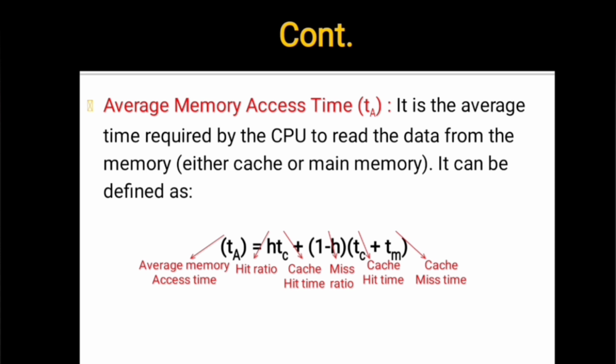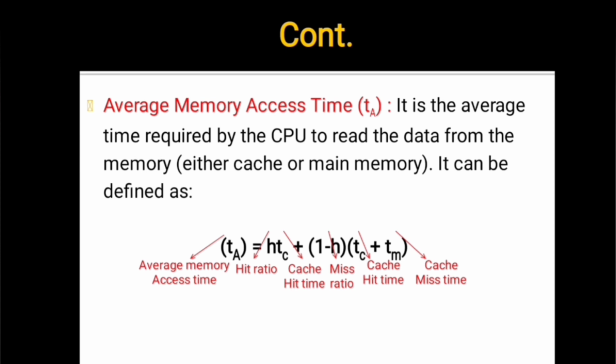Plus we have another component. Why have we added this second component? Just in case the data is not available in the cache memory, in that case the data will be read from the main memory. Hence in the second component we are multiplying two more components, that is the miss ratio, which is given by 1 minus h, and it is multiplied by cache hit time plus cache miss time.